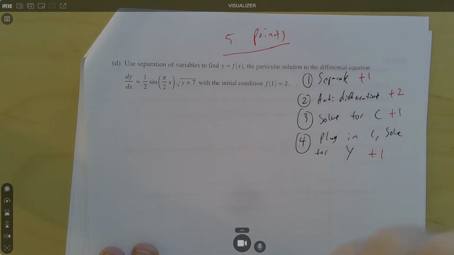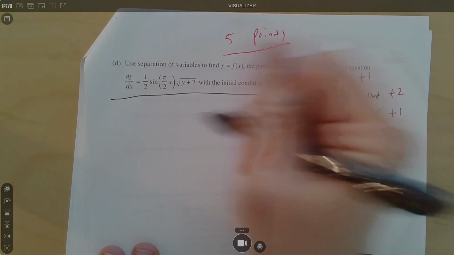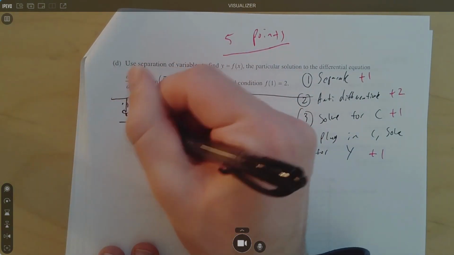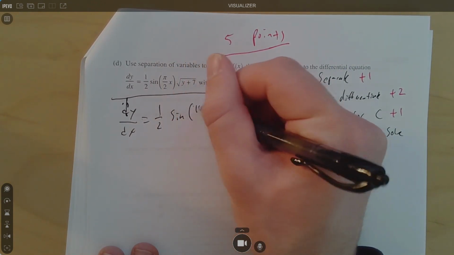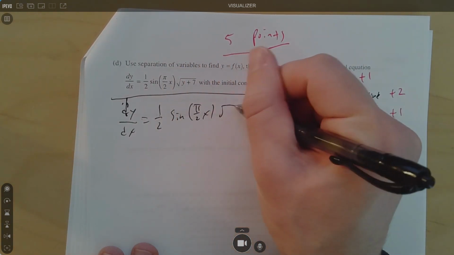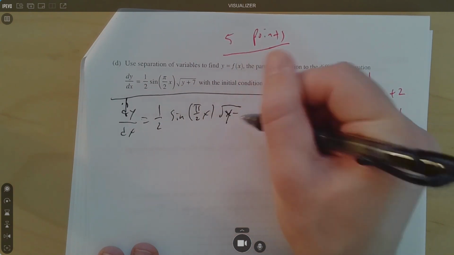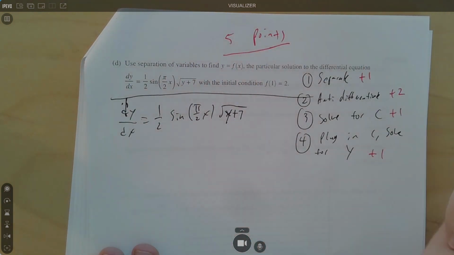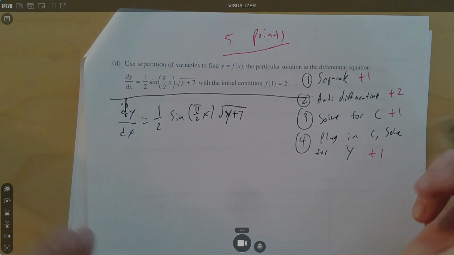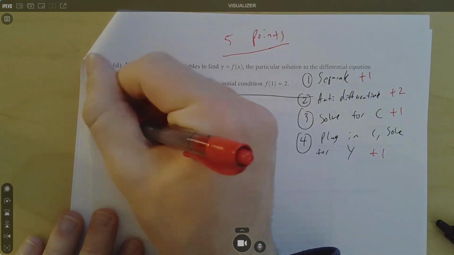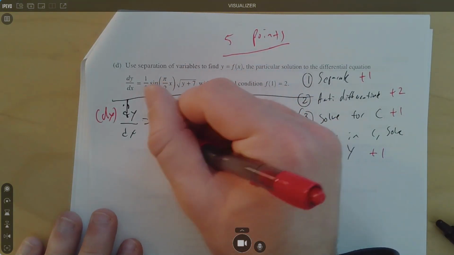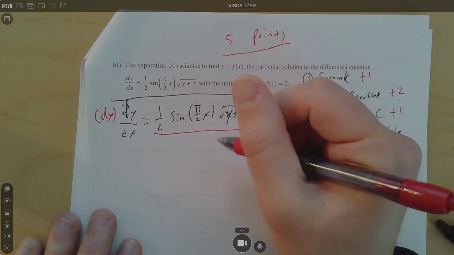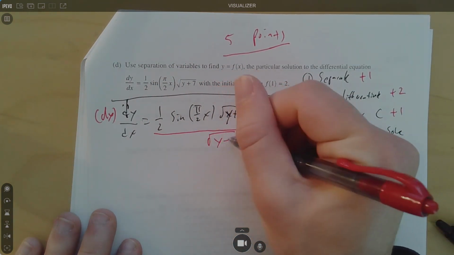So don't feel like, oh, I didn't get the final answer, it's over. Just do as much as you can, do it the best you can. Okay, let's do the problem. So dy/dx equals 1/2 sine(pi/2 x) times root(y plus 7). It's the same thing. You want to get the x's with the x's, the y's with the y's. So we're going to multiply by dx on both sides, and then divide both sides by root(y plus 7).